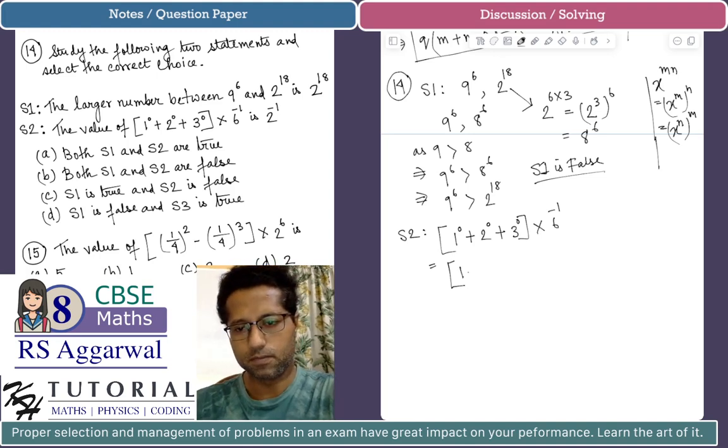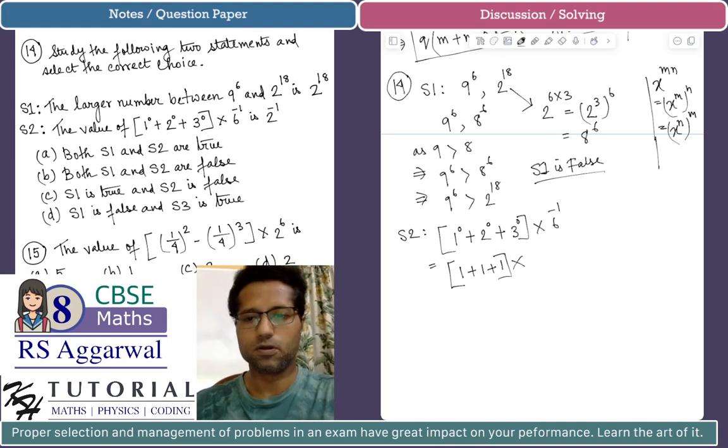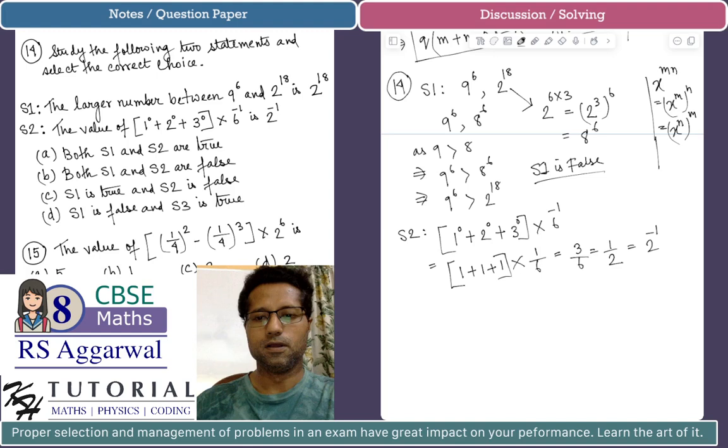So we have 1 plus 1 plus 1, multiplied by 6 raised to the power minus 1, which is the reciprocal of 6, that is 1 by 6. 1 plus 1 plus 1 is 3, so this is 3 by 6, which is 1 by 2, and this is 2 raised to the power minus 1.